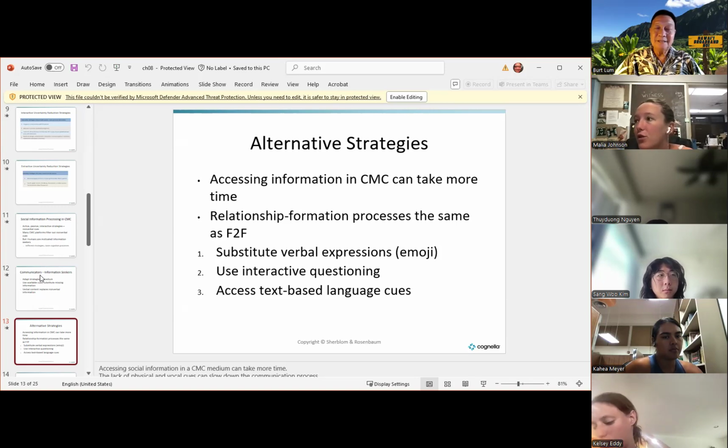Relationship formation, the process is the same as face-to-face.